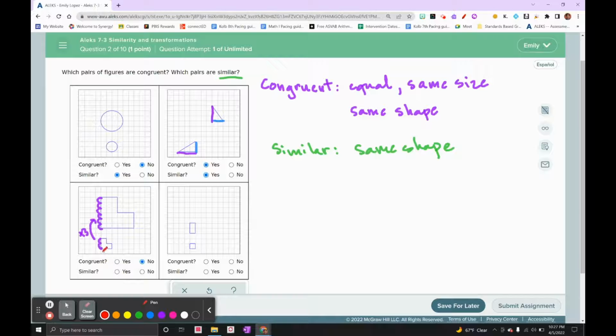The base of this figure is 2 boxes. If they follow the same ratio, 2 times 3 will be 6 boxes. 1, 2, 3, 4, 5, 6. So yes, they follow the same ratio. They are similar. They look the same, one of them is bigger than the other.